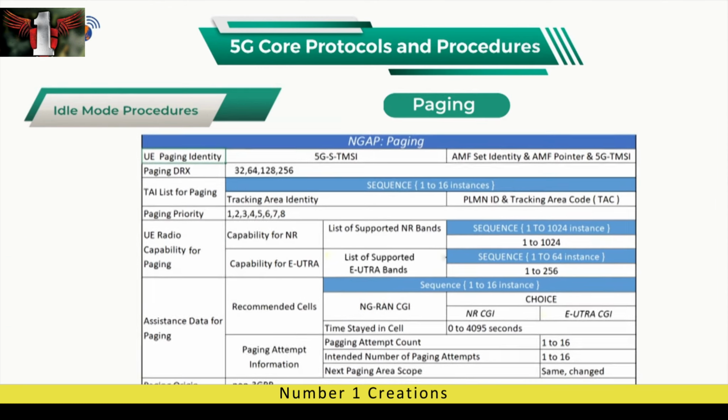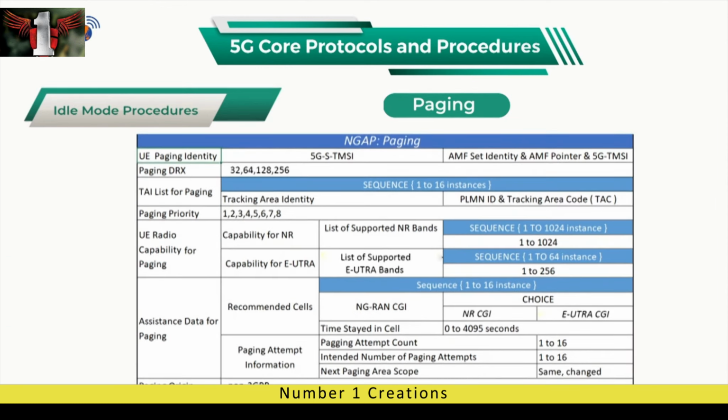The 10 least significant bits (LSB) of the 5G-TMSI are used to determine the paging frames and the paging occasions for the UE. The AMF is responsible for ensuring that the population of UE are allocated 5G-TMSI values which evenly distribute the UE across the set of paging frames and paging occasions.